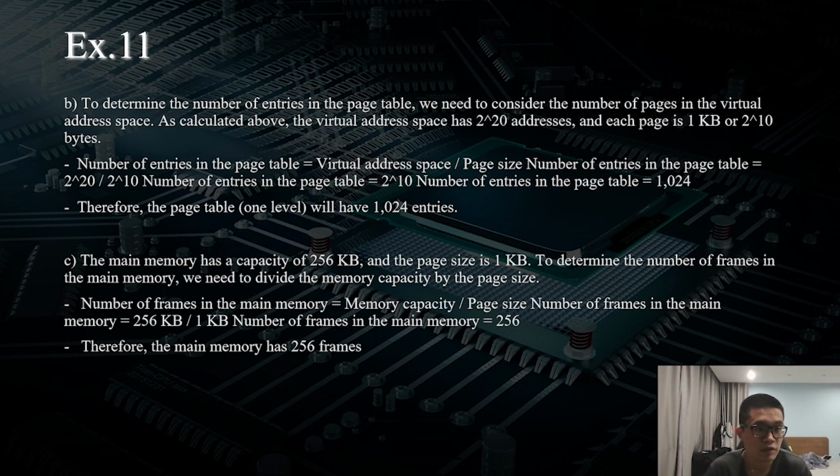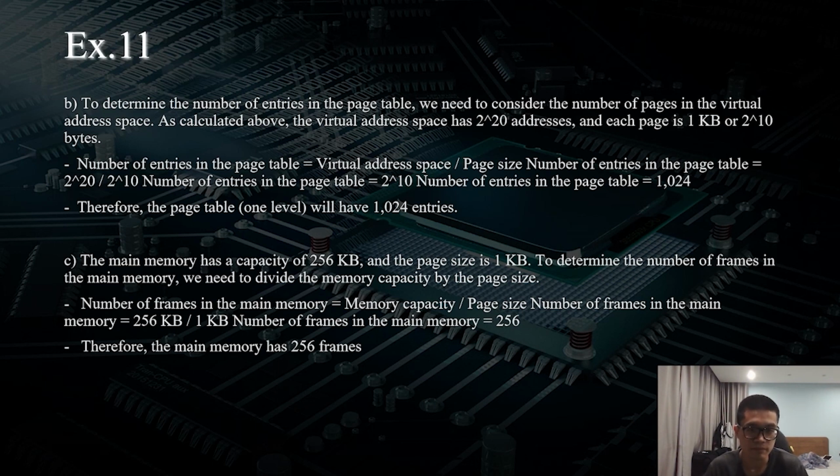In question C, the main memory has a capacity of 256 kilobytes and the page size is 1 kilobyte. To determine the number of frames in the memory, we need to divide the memory capacity by the page size.